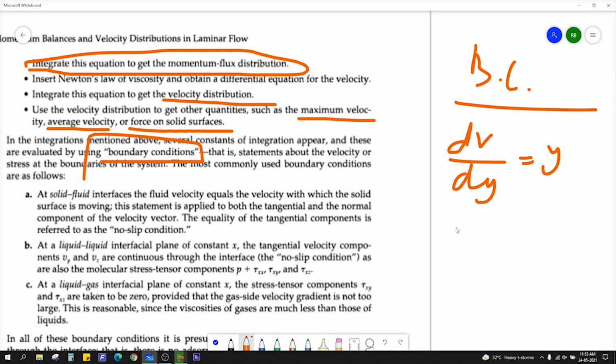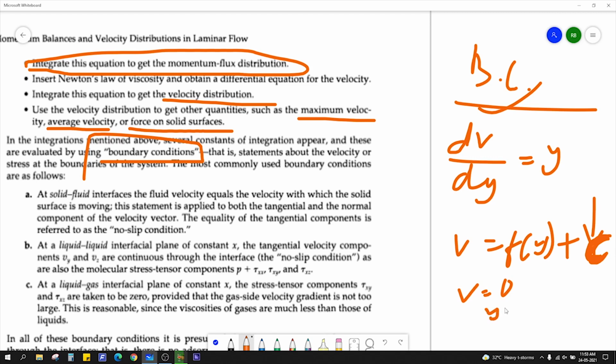If you integrate this, you will get something like a function of y and some constant, the integration constant. Now you have to find this integration constant. You cannot find the integration constant without a given initial condition or some boundary conditions, right? So you have to put, like, v is equal to 0 at y is equal to some value. Let's say v is equal to 0 at y is equal to 0. If you put these values in this equation, you will get c equal to 0. Just for an example, okay?